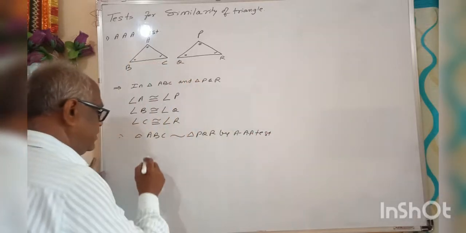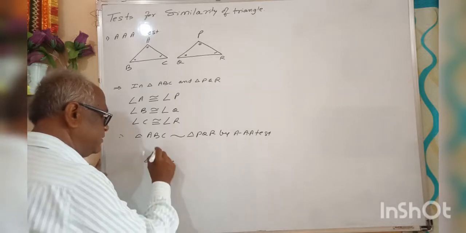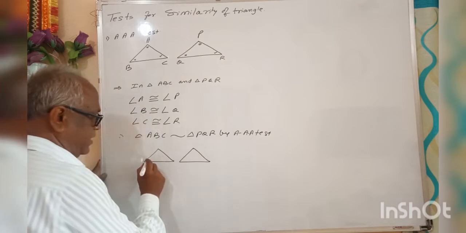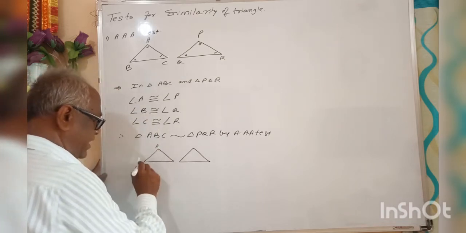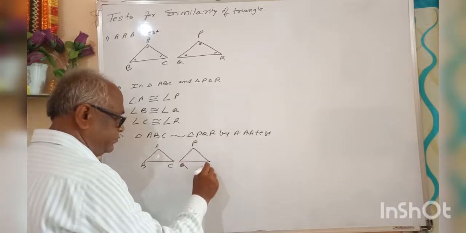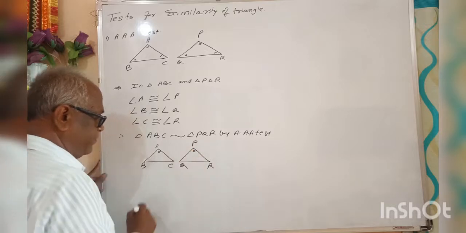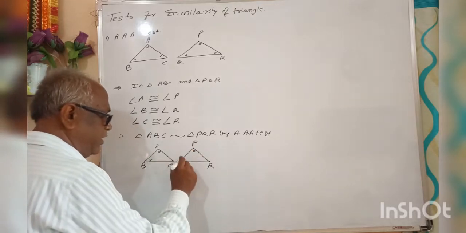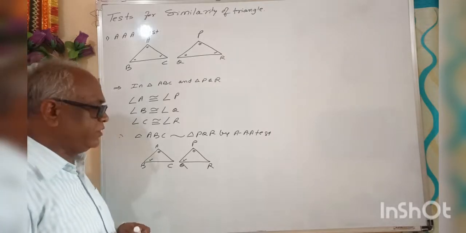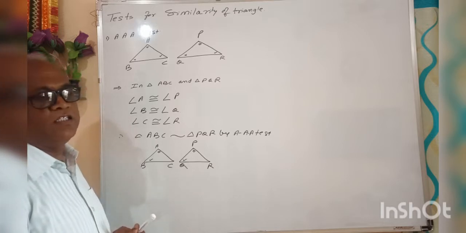Now again, suppose in the two triangles, this triangle ABC and triangle PQR, angle A is congruent to angle P, angle B is congruent to angle Q. If these two angles are shown to be congruent, then the remaining third angle is automatically congruent.